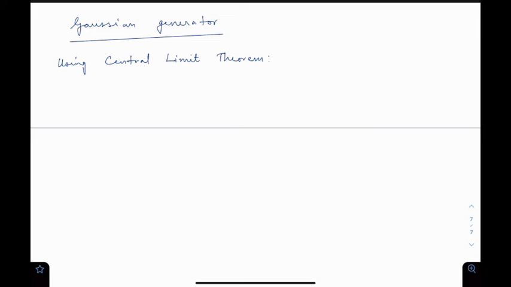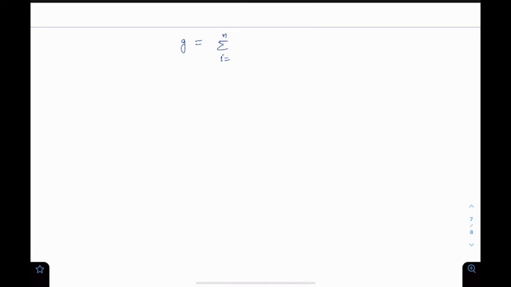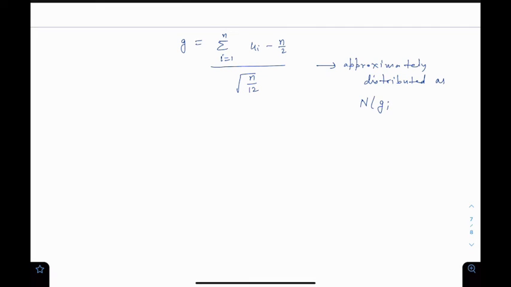In particular, for n random variables ui, which are distributed uniformly between 0 and 1, the quantity g, which is the sum from i equals 1 to n of ui minus n by 2, divided by the square root of n by 12, is approximately distributed as a normal distribution with random variable g, mean 0 and standard deviation 1 for large n.